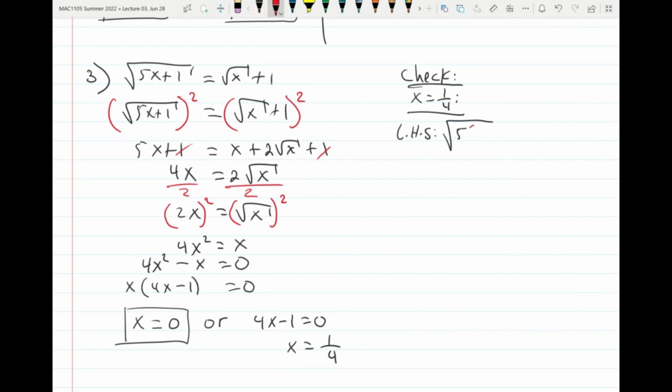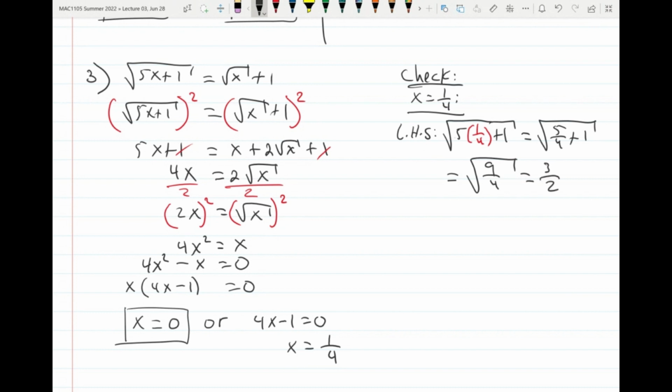That's 5 times 1 over 4 plus 1. So it's going to be the square root of 5 over 4 plus 1. What's 5 over 4 plus 1? 9 over 4. So that's the square root of 9 over 4, which is 3/2.